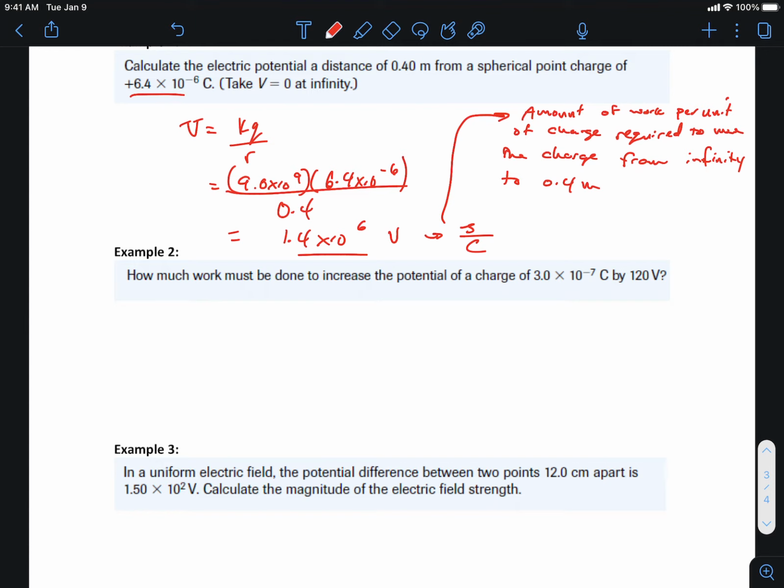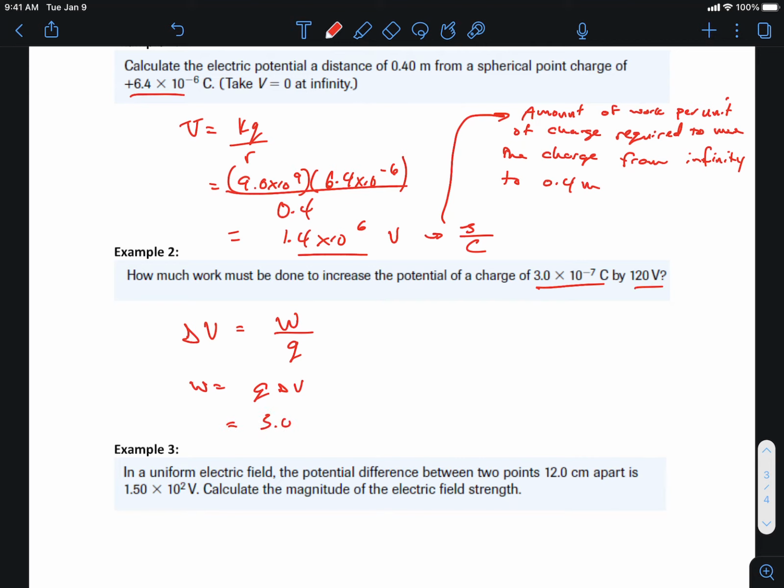Well, we'll see delta V, the change in voltage, would be equal to the work divided by Q. And then work, the thing we're looking for, would be equal to Q delta V. You know the point charge, you know the change in voltage, you just plug them in.